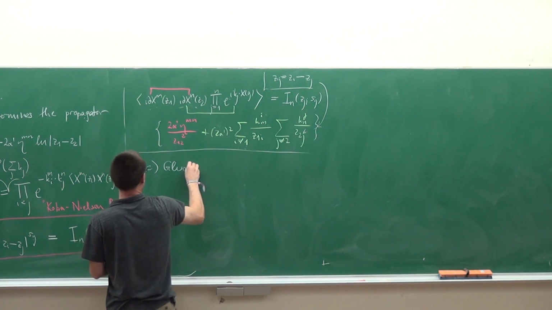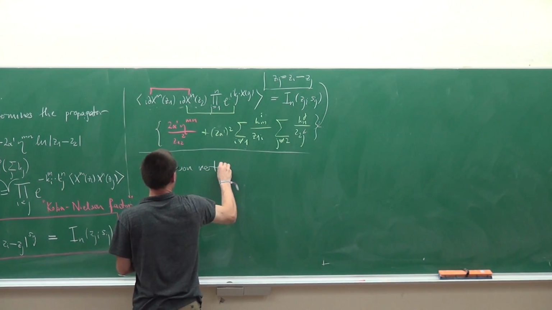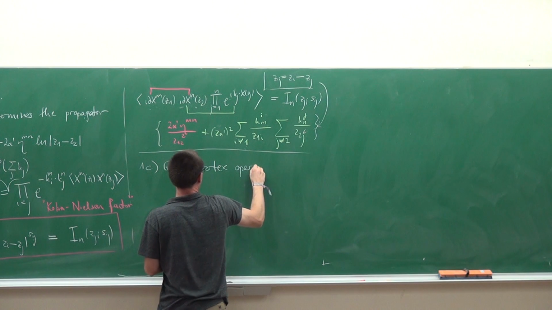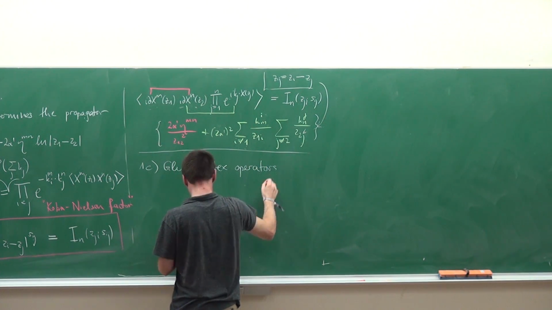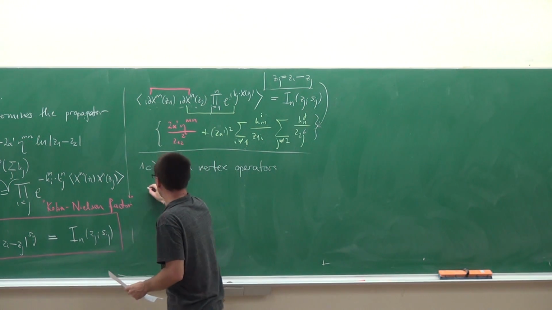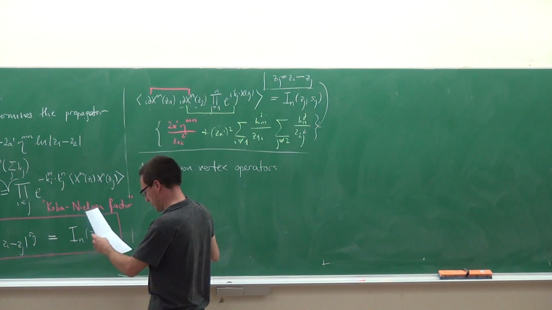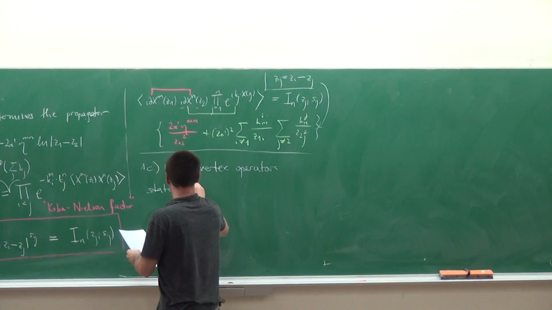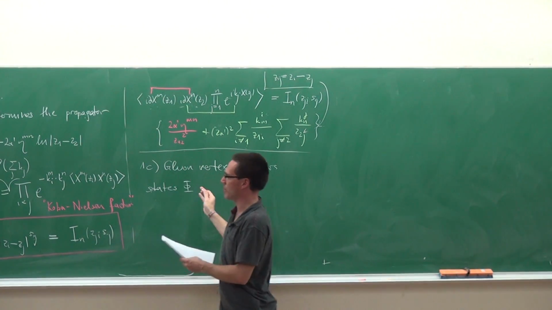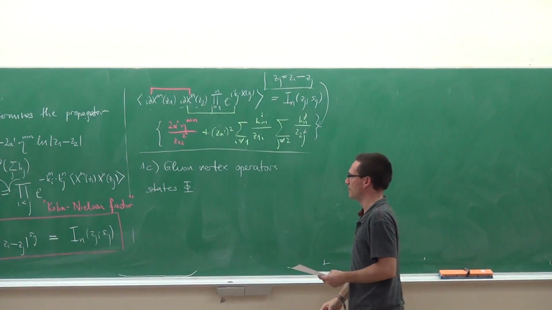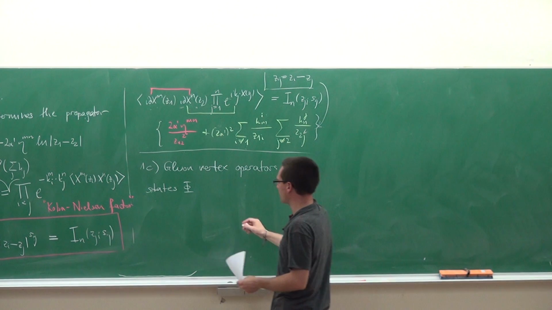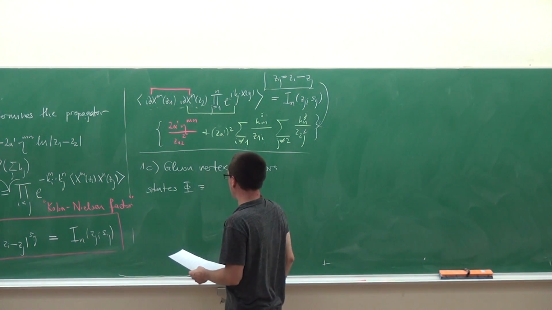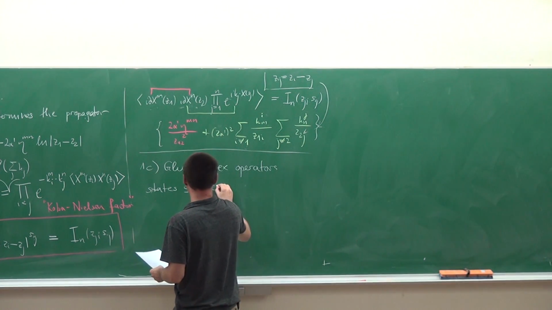So let me now introduce the gluon vertex operators. And as a general statement, before commenting on the gluon, the way how you insert an arbitrary state to a string worldsheet, you need a conformally invariant deformation of the action.